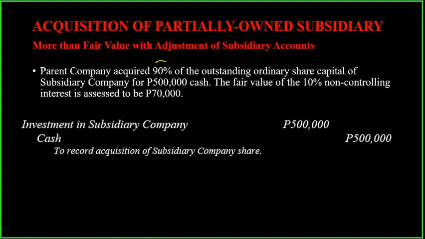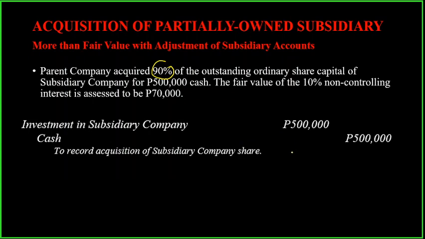The parent acquired 90% of the outstanding ordinary share capital by paying 500,000 cash. The fair value of the 10% which is not acquired is assessed to be 70,000. Journal entry of the parent in its books: debit investment and credit cash at 500,000.